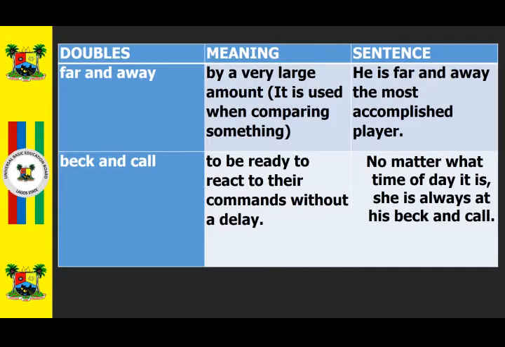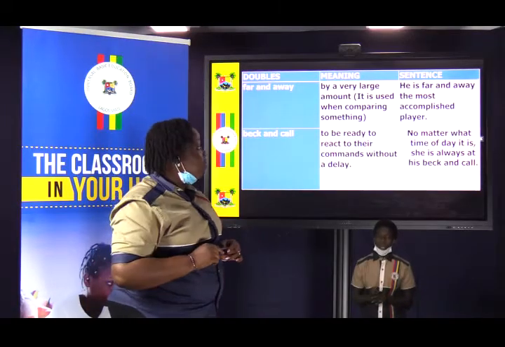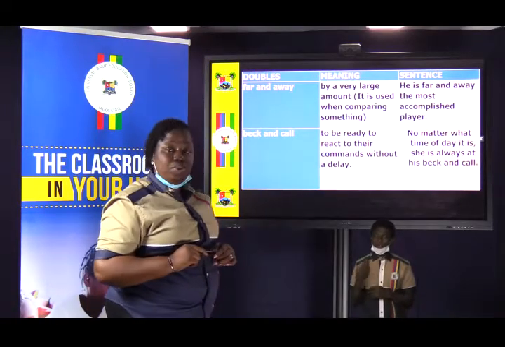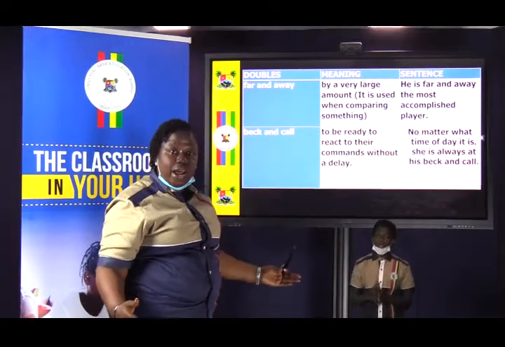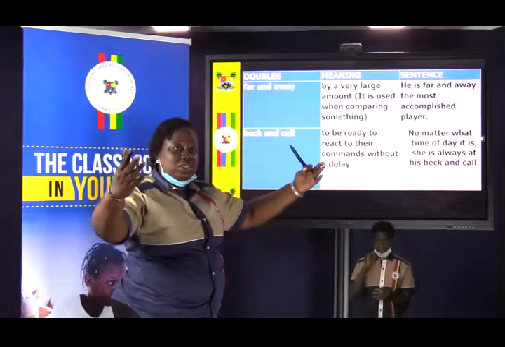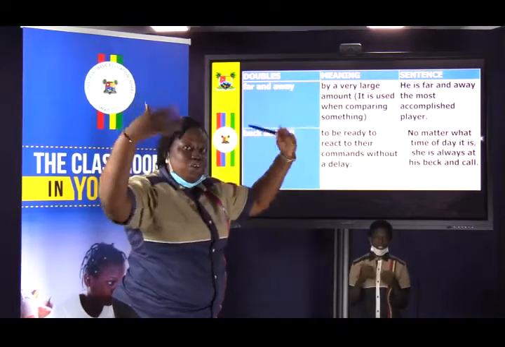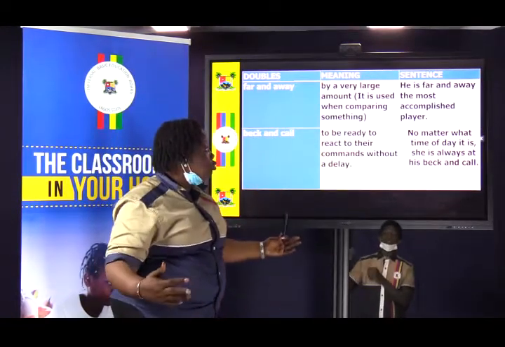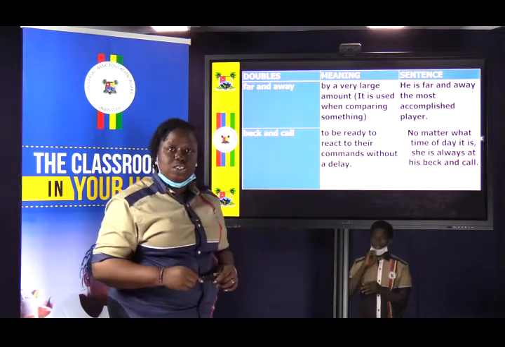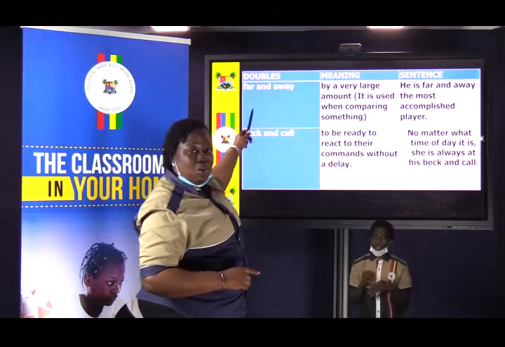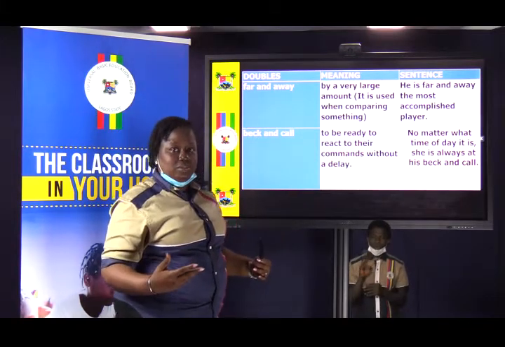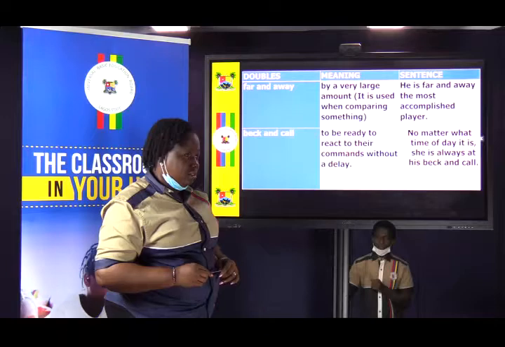He is far and away the most accomplished player. That's a sentence using far and away. That means within us here is an accomplished player, but away, abroad, far away, beyond where we are now, is also the most accomplished player. So we form these doubles by using the word and the meaning. Far and away.